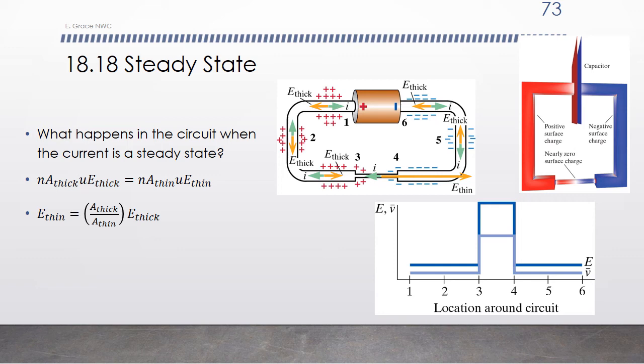Also, the electron speed goes up to compensate for it. And that's exactly what you would expect in terms of that charge distribution. You've got to force those electrons through that resistor, and you do that by making a really nice big field. And you can still have steady state because of that.